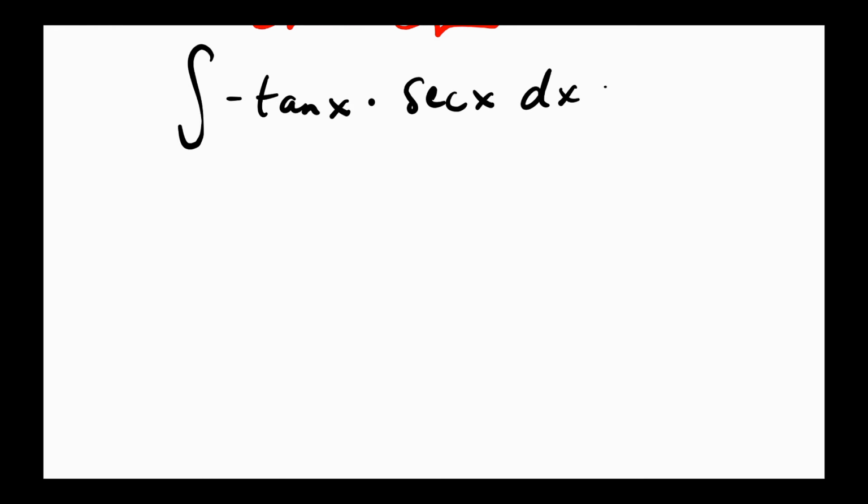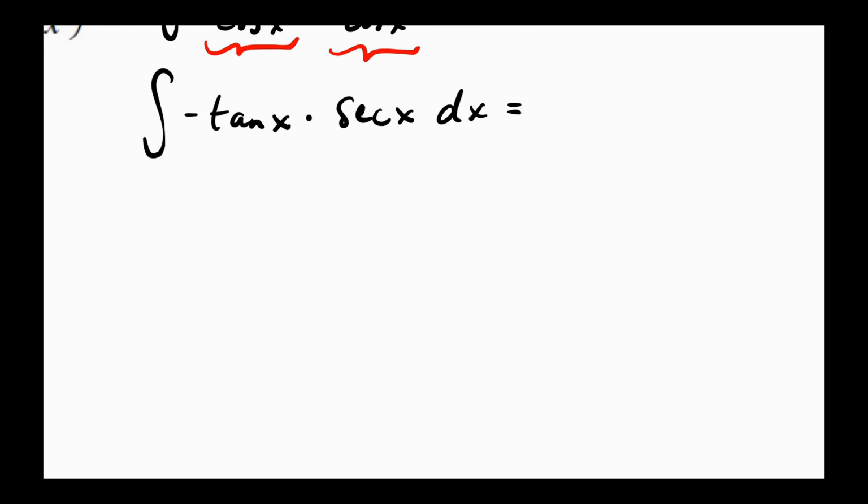First of all, what can I do with that negative to get rid of it? Because there is no negative up there. Move it to the front. Perfect. It's a negative 1. Now no more negative for tangent. And then just switch them because it's just multiplication.